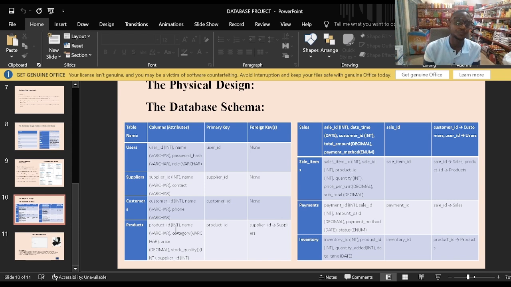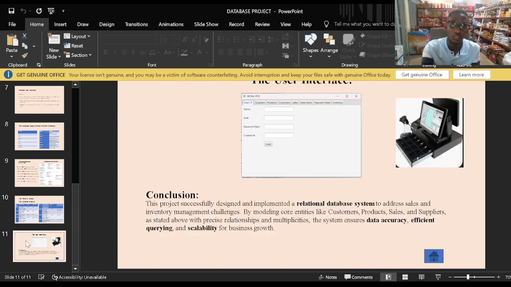A simple reason why we have to create a schema is that schemas help us build our database systems easily. They contain all the information we need. So if I have this schema, it is very easy for me to implement the code in my SQL and give them all the correct information.